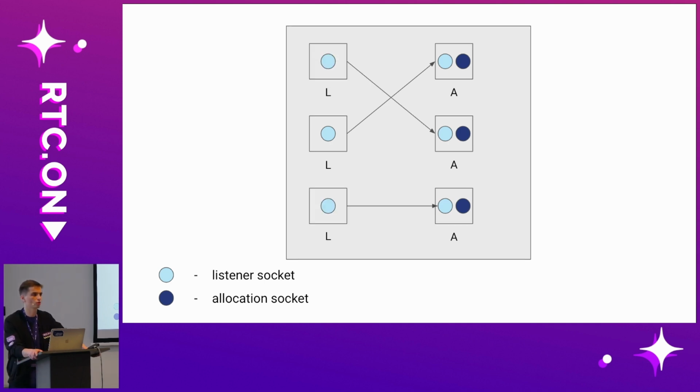The new architecture is as follows. We use the reuse port option for the UDP socket. Thanks to this, we can open multiple sockets bound to the same IP address and port, and the operating system under the hood splits incoming traffic across all of those sockets equally, or at least it tries to do this equally. So we get load balancing out of the box. And with this architecture, we are able to handle at least 3,000 or 4,000 connections over 5 gigabits per second.